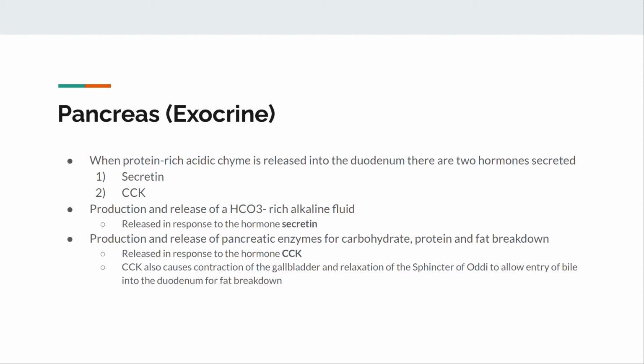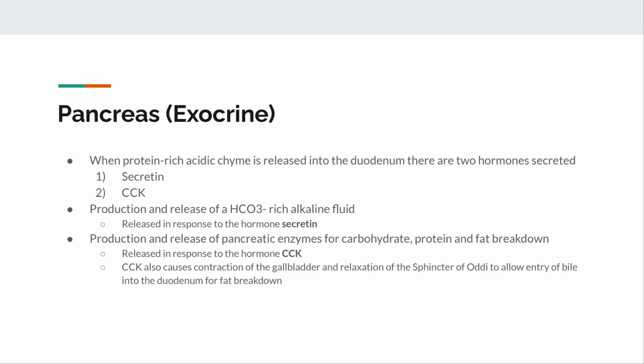And then cholecystokinin promotes the production and release of pancreatic enzymes for carb, protein, and fat breakdown, and they get released in the pancreatic secretions into the duodenum. So together, secretin and cholecystokinin will give you this alkaline fluid filled with enzymes that are ready to break down whatever just came from the stomach.